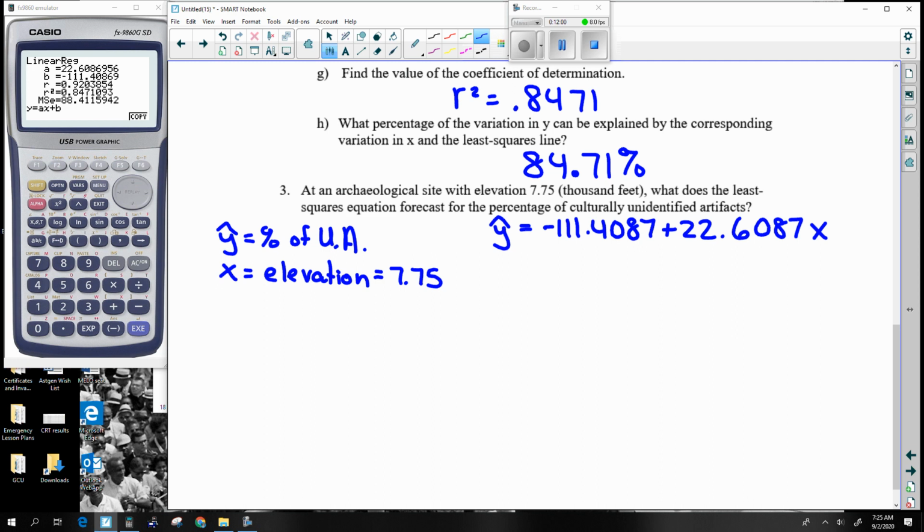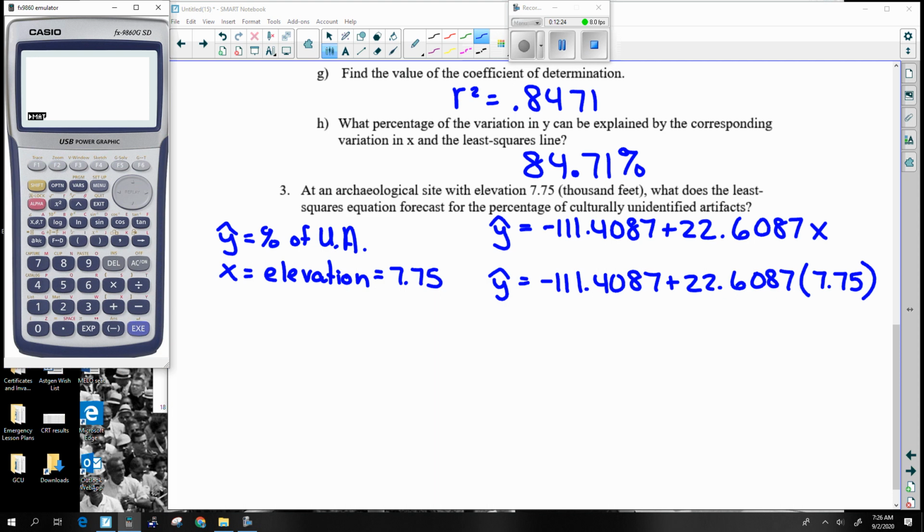Here they give you an x and want you to answer y. So it's really important that you identify where the number goes. This time 7.75 is the x variable. Otherwise we would have to enter that for the y variable.